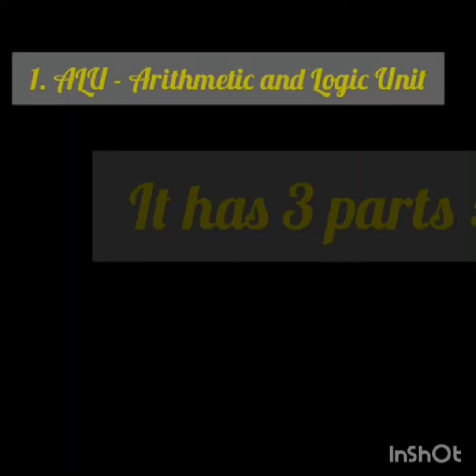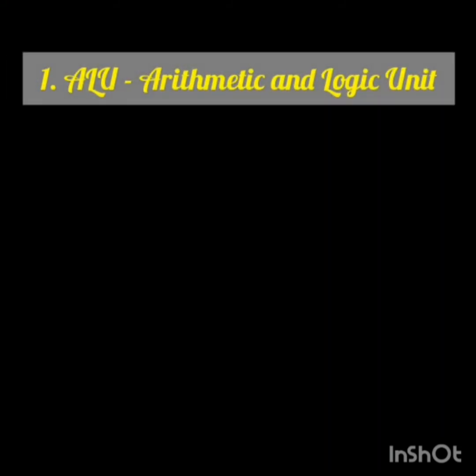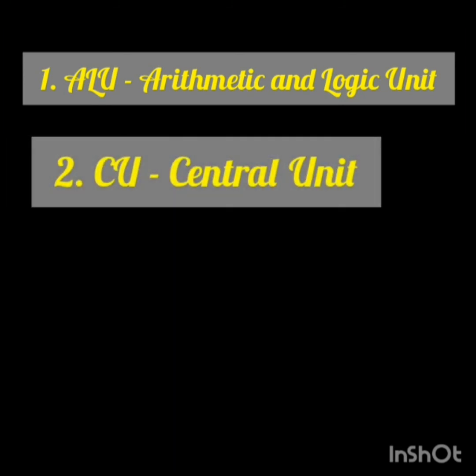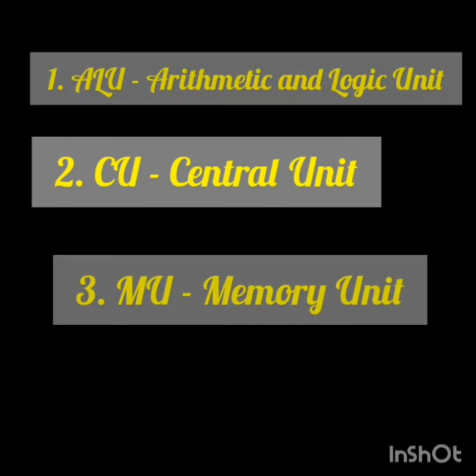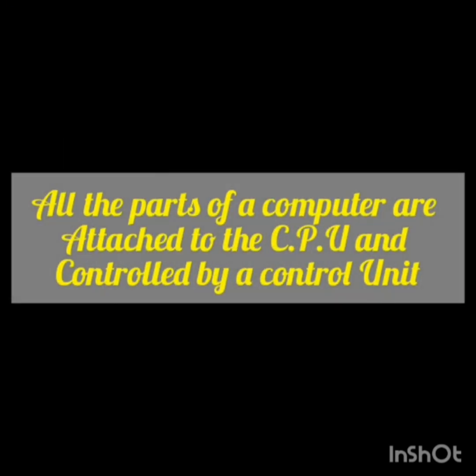First is the ALU, arithmetic and logic unit. Second, CU, this is the control unit. And third, MU, this is the memory unit. All the parts of a computer are attached to the CPU and controlled by the control unit.